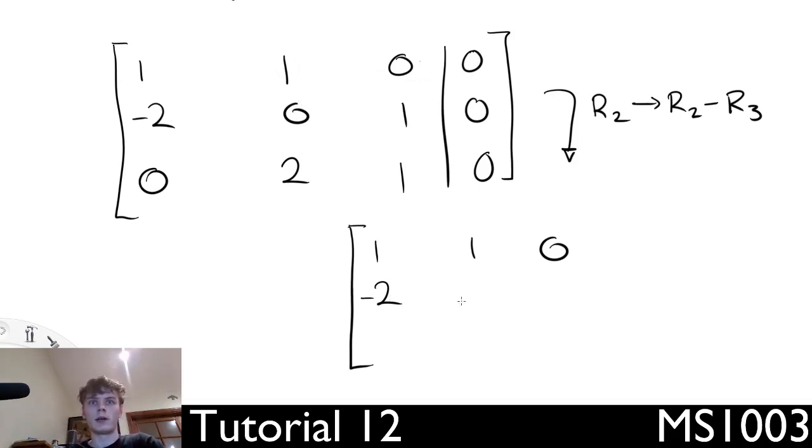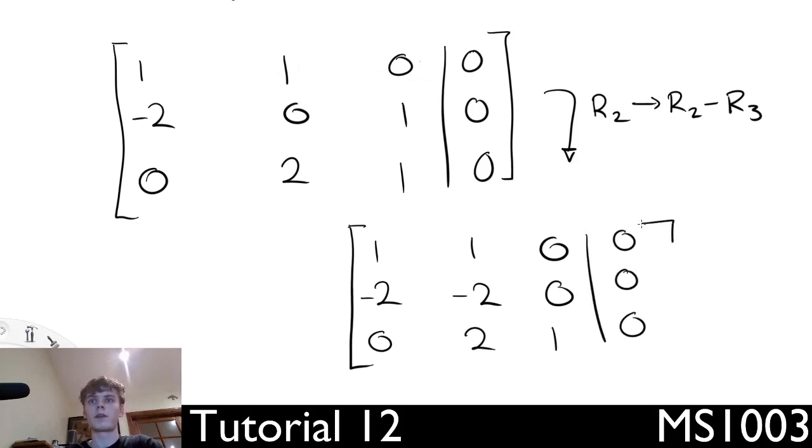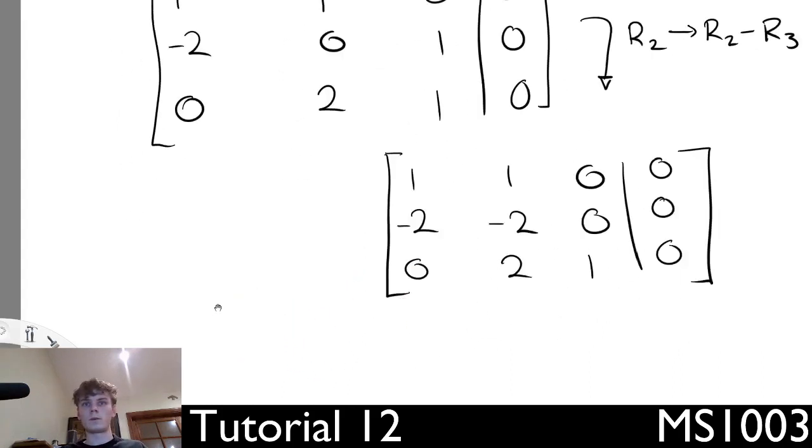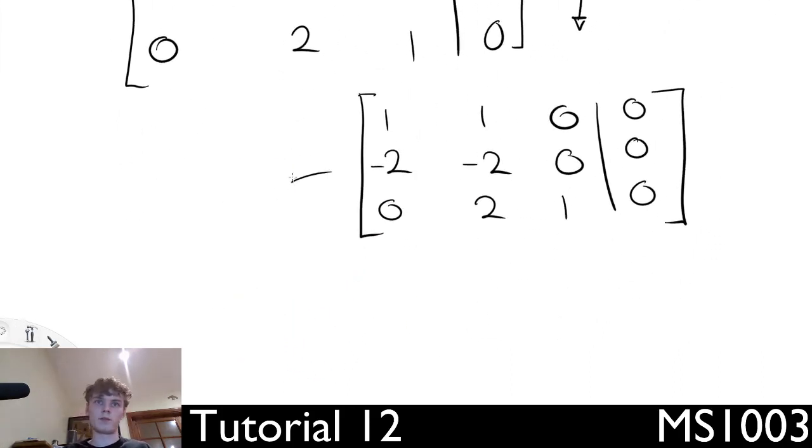Then 0 minus 2 is minus 2. And then 1 minus 1 is 0. Cool. So now I see that the second row is linearly dependent on the first row. So if I add 2 times the first row to the second row, it gives me a row of 0. So they're linearly dependent.